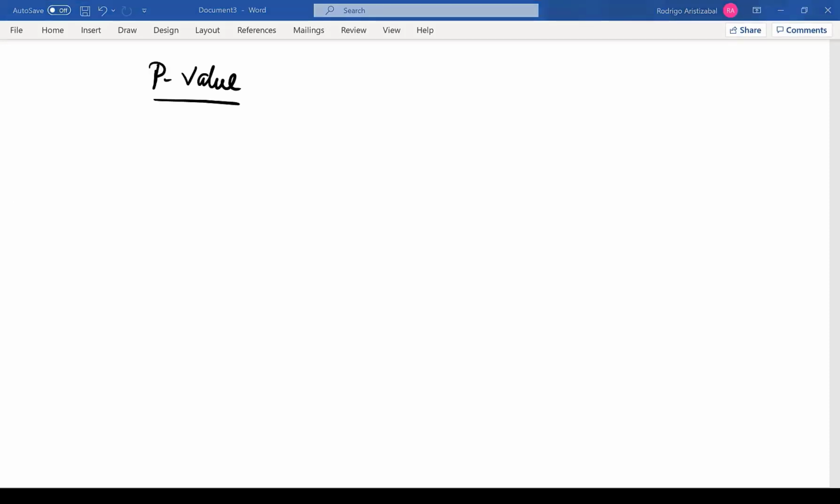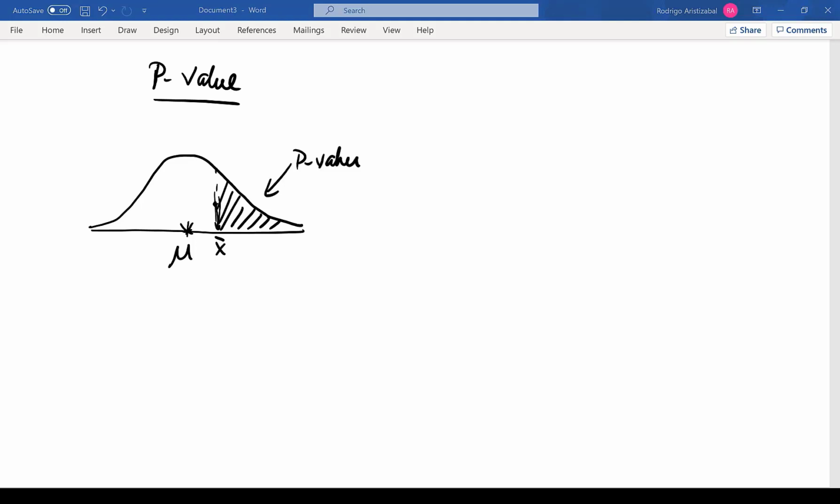The p-value tells me how far away my evidence is from the center of my expectation. For example, if we were doing a right-tail test and suppose that my evidence falls here, then this p-value is very big. The closer my evidence is to the center, the bigger the p-value will be.